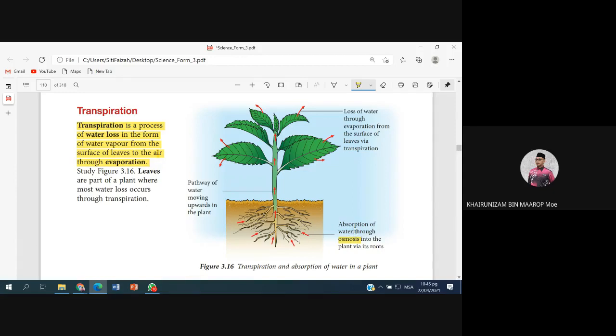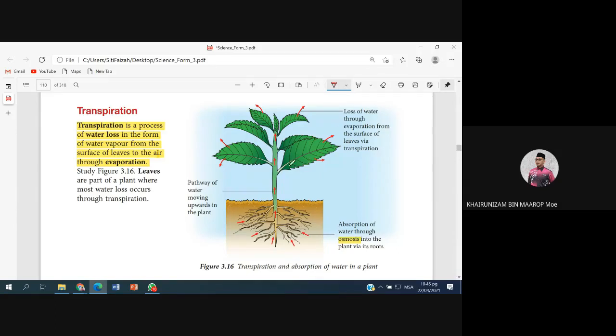This is the absorption of water, and then water will enter the plant through its transport system. This is the pathway of the water moving upward in the plant.